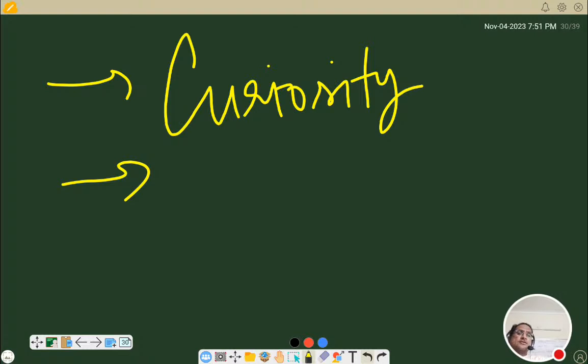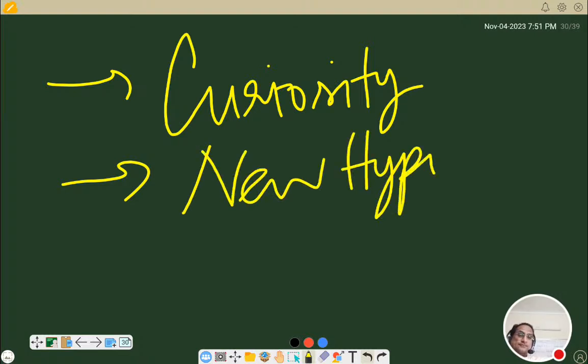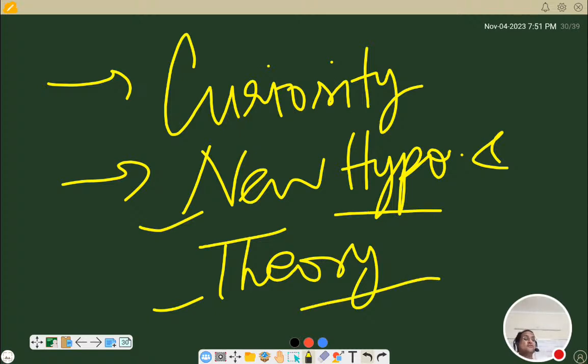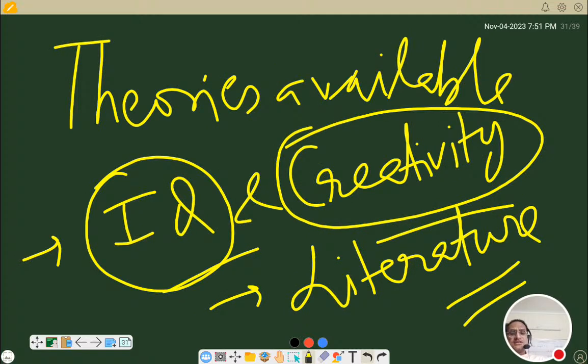To find a new hypothesis or a new theory. Find and test. Find a new hypothesis, test a new hypothesis. Formulate a new hypothesis, formulate a new theory. There may or may not be any application.